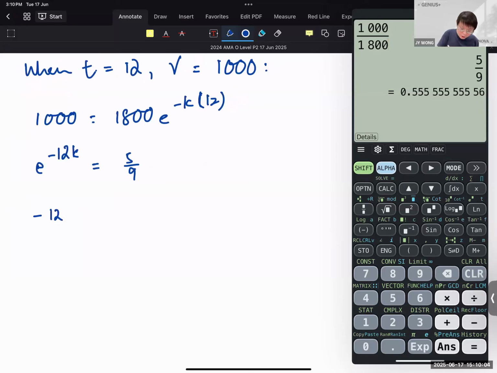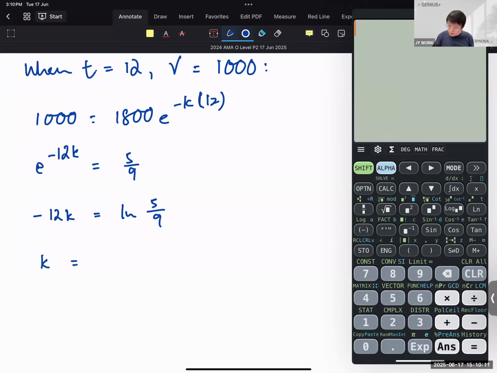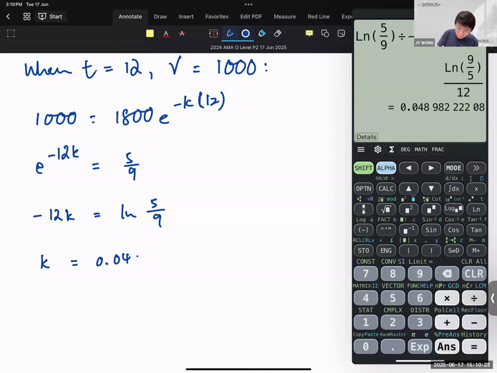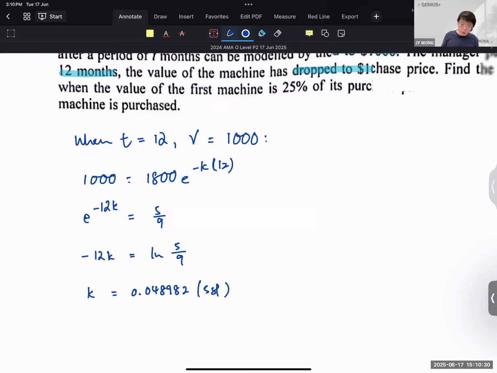So negative 12K is equal to ln 5 out of 9, and therefore K is equal to ln 5 out of 9, the whole thing divided by negative 12. You will get K equals 0.048982 in 5SF.